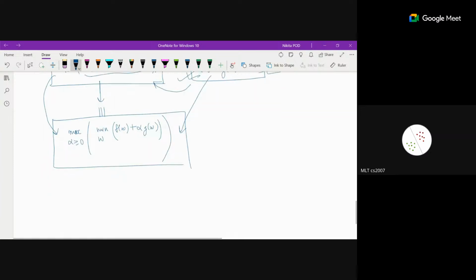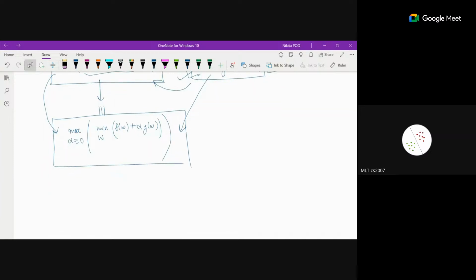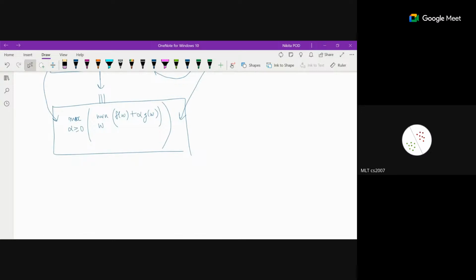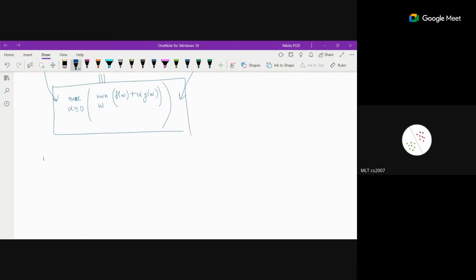All right. So what can we say? This was just one constraint. Now let's say we had more than one constraint, how can we write it? Let's say my problem was min over w of f of w, such that my g i of w is less than or equal to 0 for all i, where i varies from 1 to n.